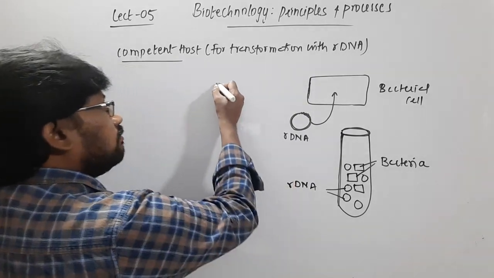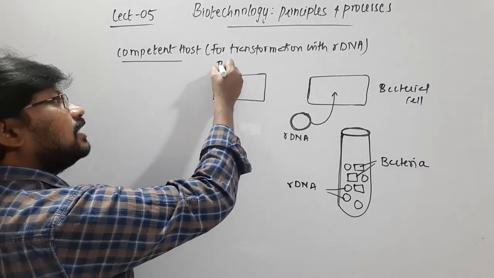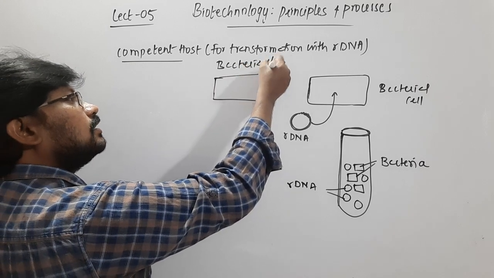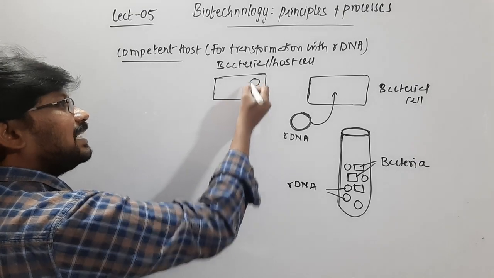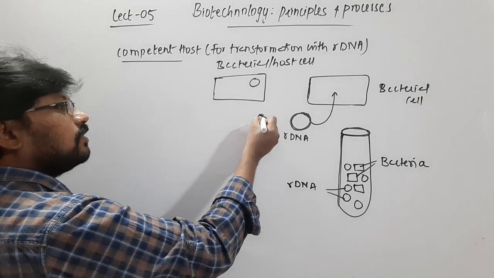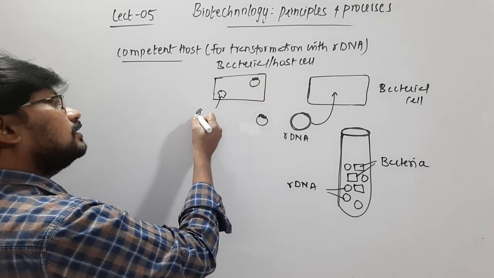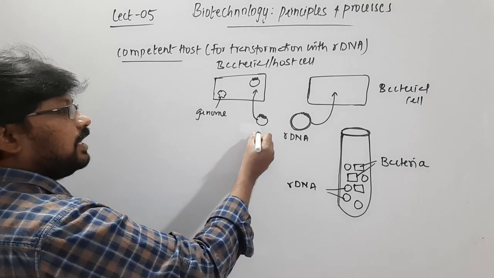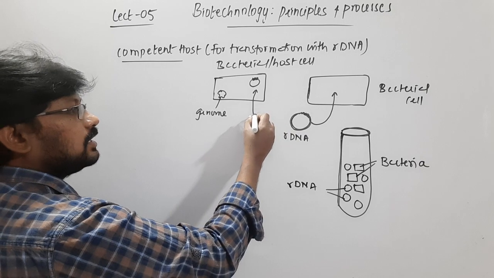If a bacterial cell or the host cell is able to take that rDNA, this is the gene of interest here, this is the genome of the bacteria, so it has already taken this rDNA into the cell.